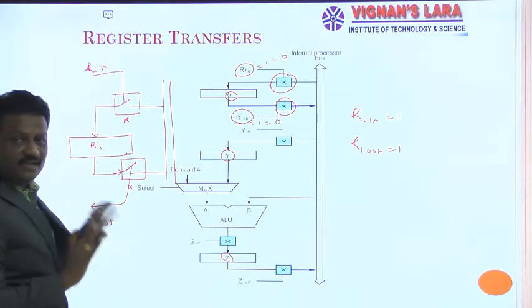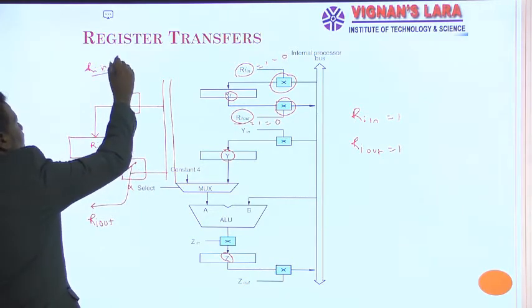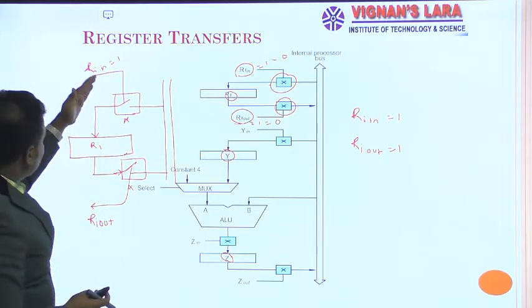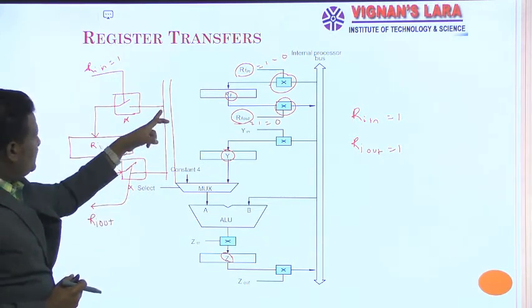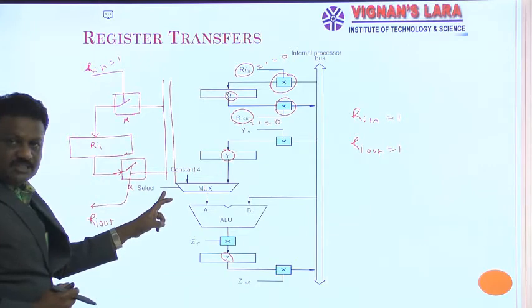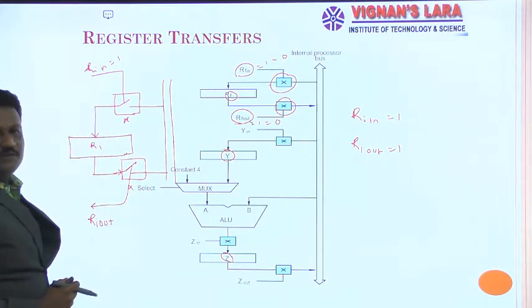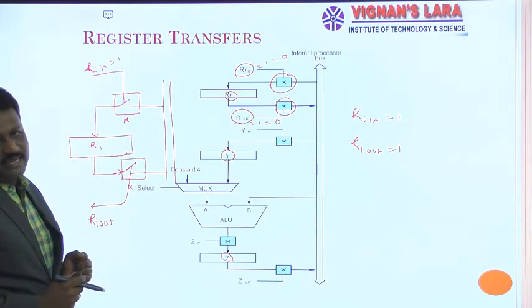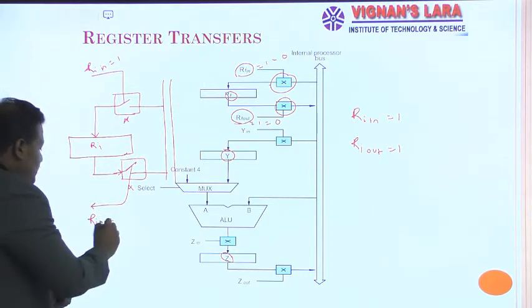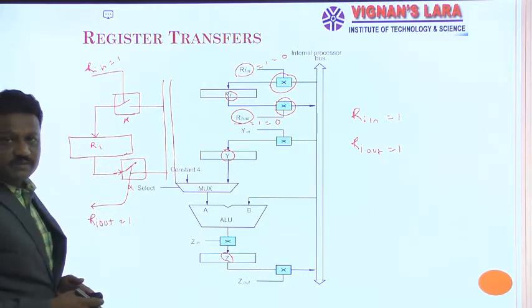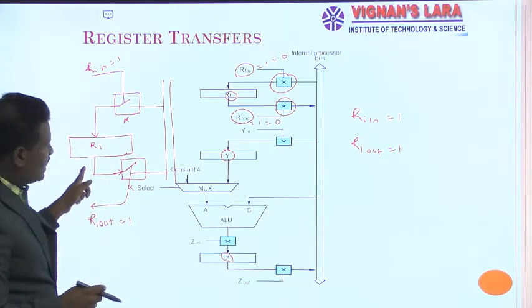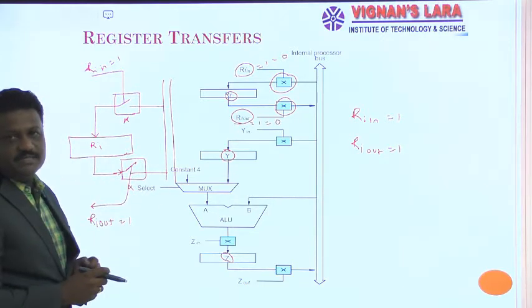So here I clearly told you that when this Ri in is 1, this switch is closed, and the data available on this bus is transferred to register Ri. Similarly, when Ri out is equal to 1, this switch is closed, and the content of Ri is transferred to the internal bus.